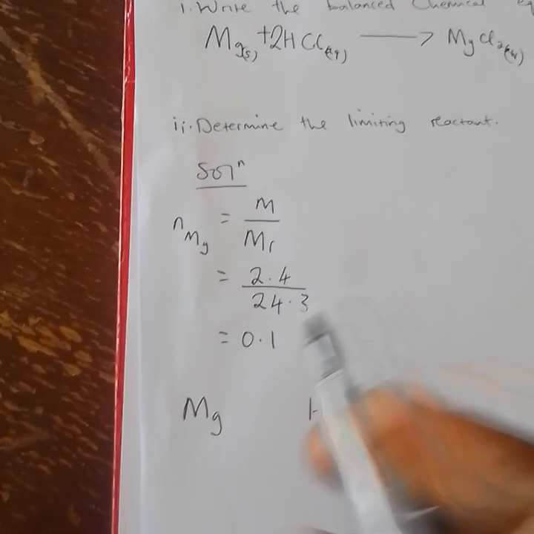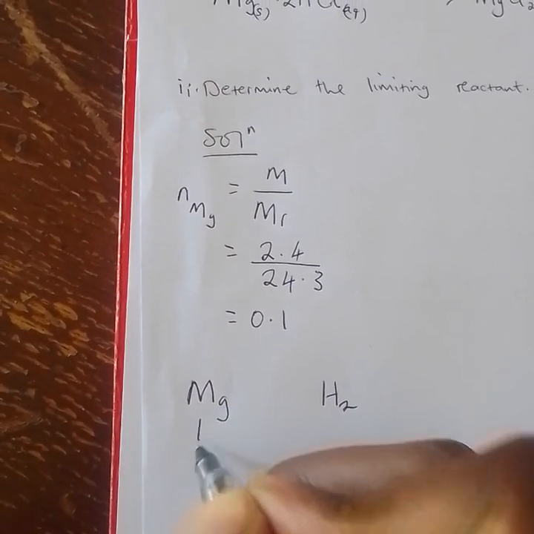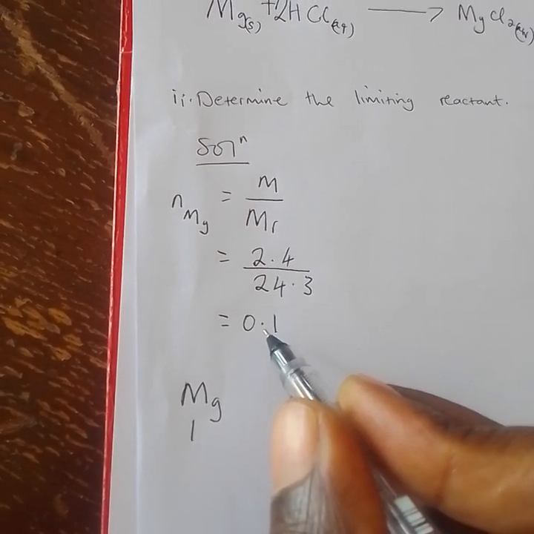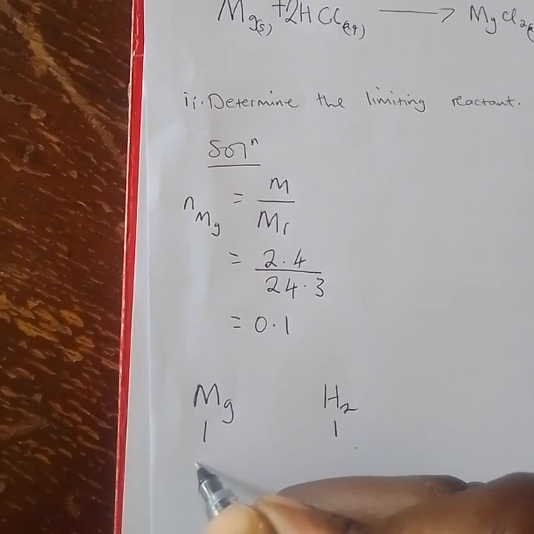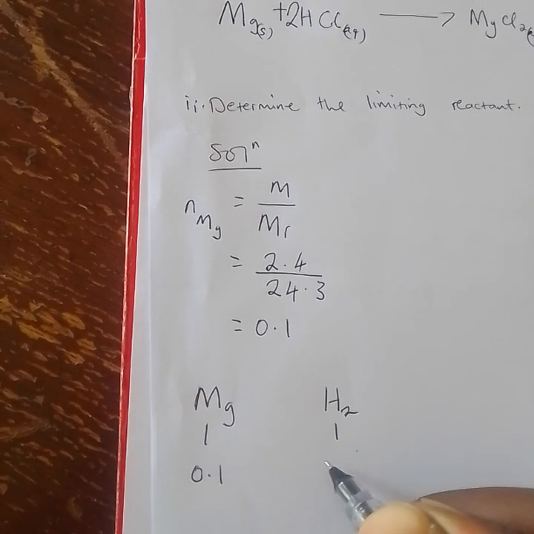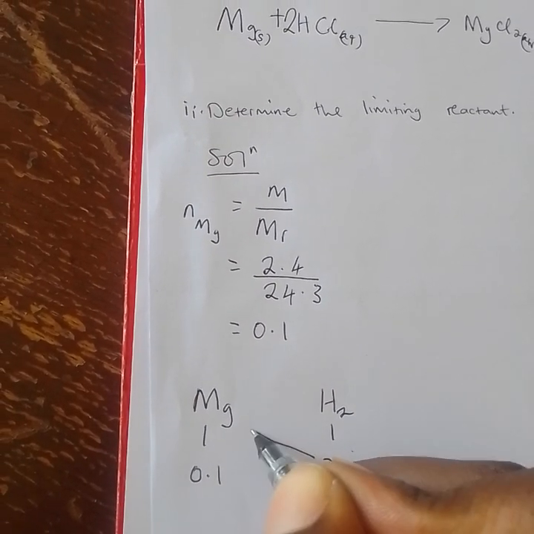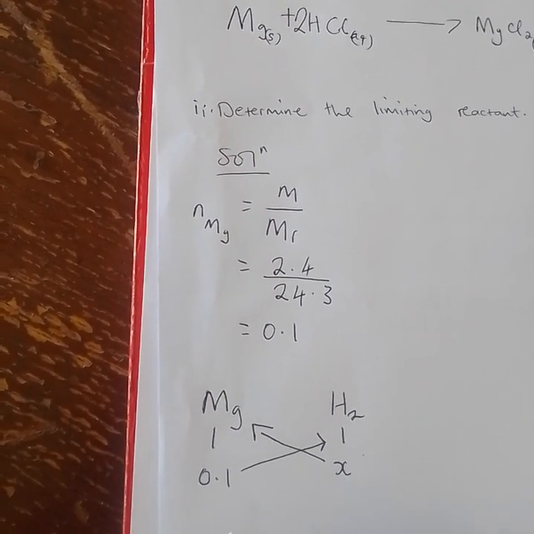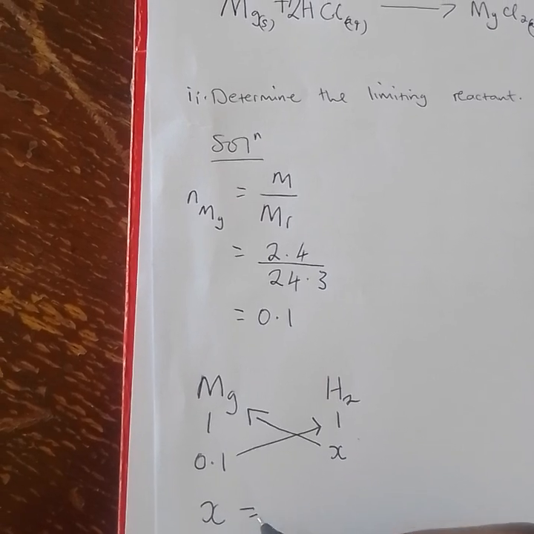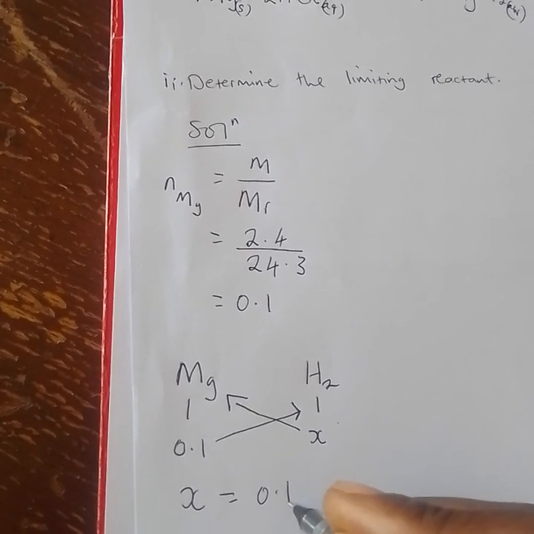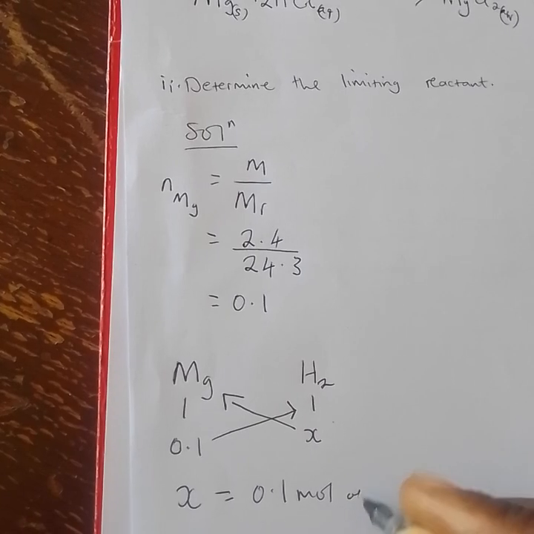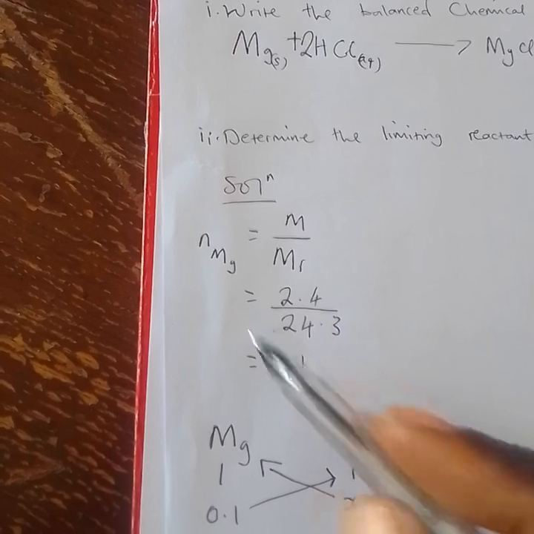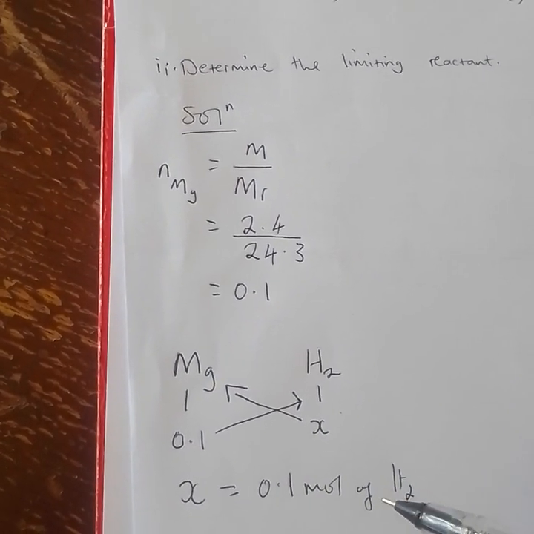So if 1 mole of magnesium gives me 1 mole of hydrogen, what will 0.1 moles of magnesium, the one you found, give me? Let it be X. You cross multiply, and you find that X is equal to 0.1 moles of hydrogen. So 0.1 mole of magnesium will produce 0.1 mole of hydrogen.